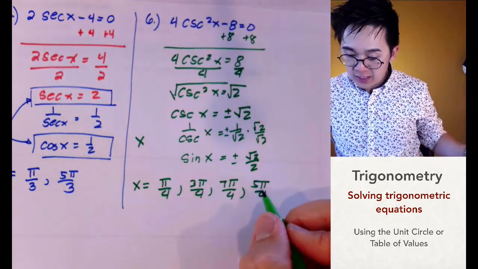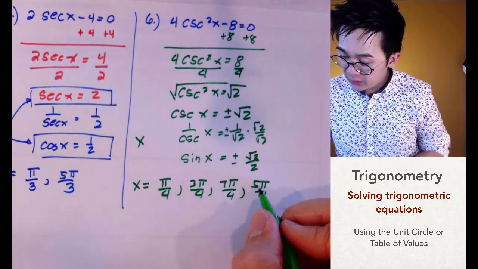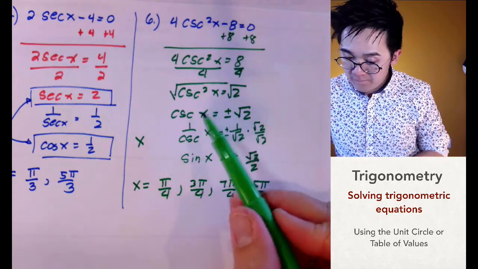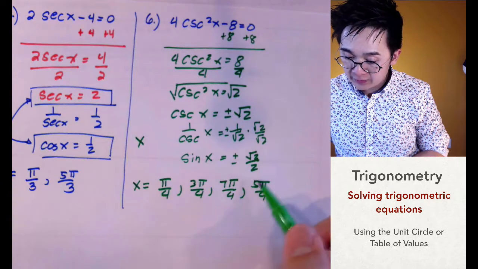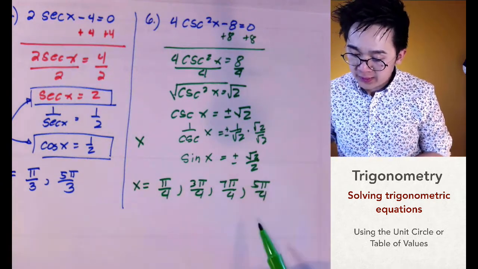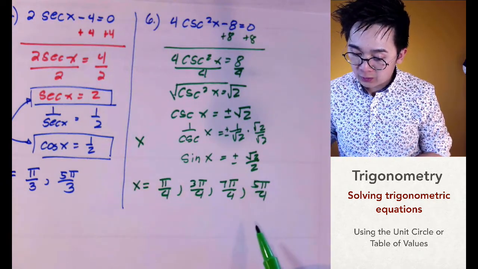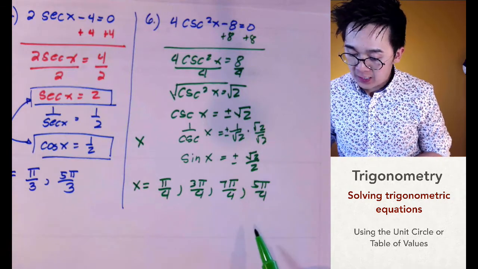So these are the values of our function for problem number 6. So we have all these as our values of our function.